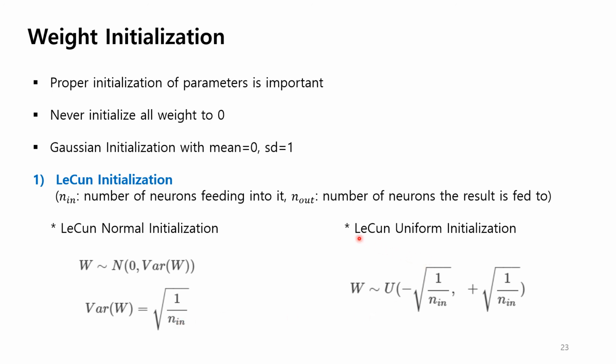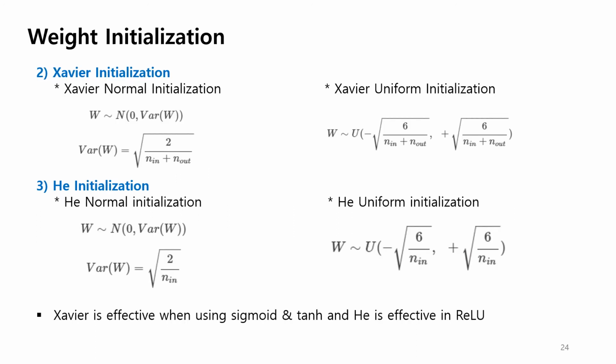Or you can choose LeCun uniform initialization. In this case, the W is chosen from a uniform distribution between this and this. Again, this is minus square root of 1 over n in, and this is plus square root of 1 over n in. The second initialization method is called Xavier initialization.